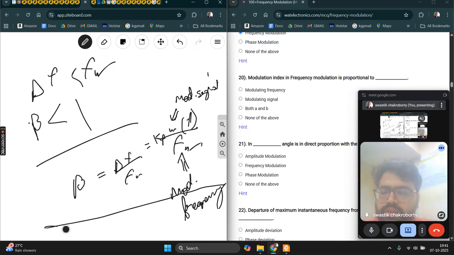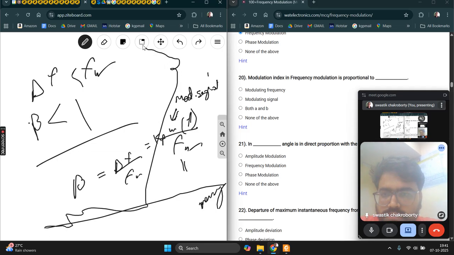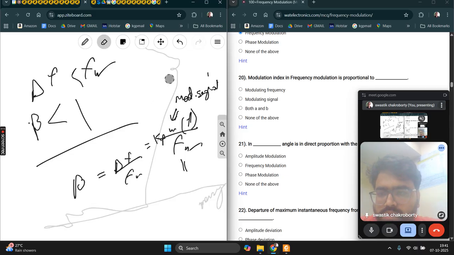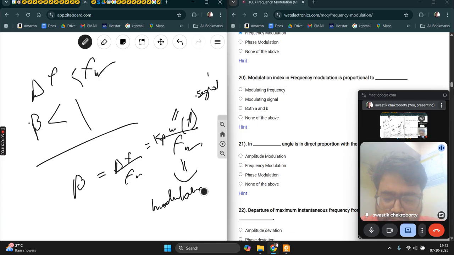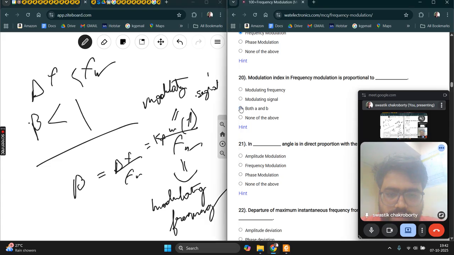So beta depends on both the modulating signal and the modulating frequency. So it is both A and B.